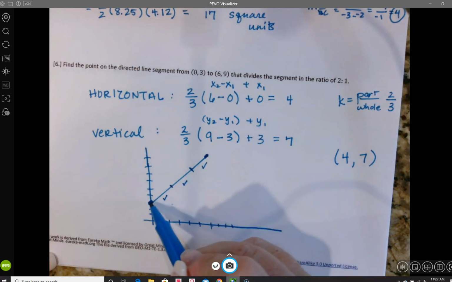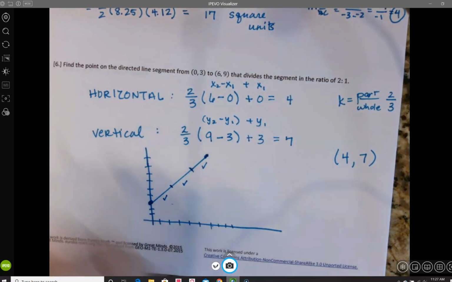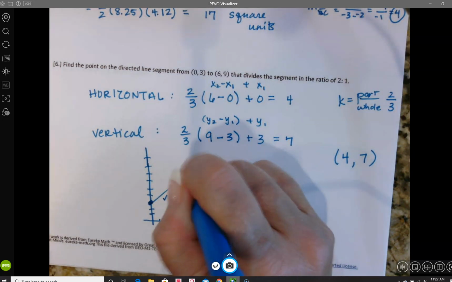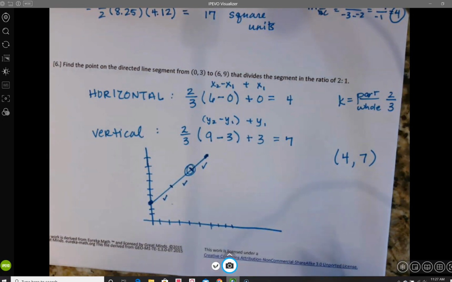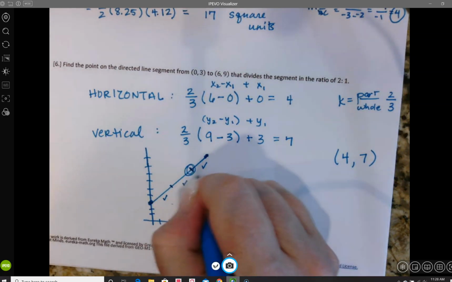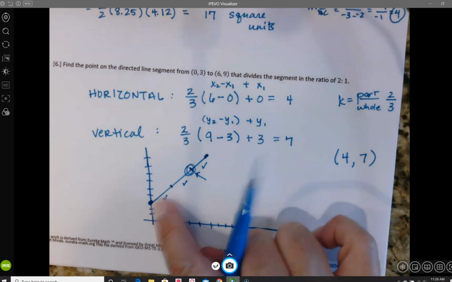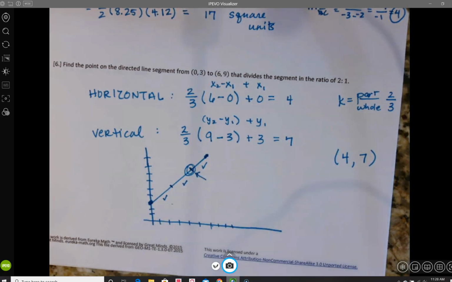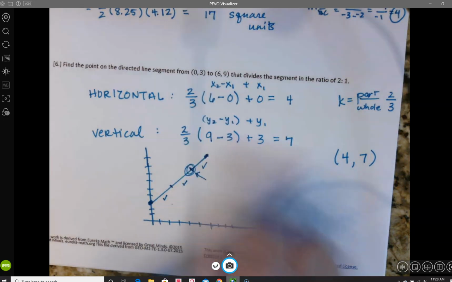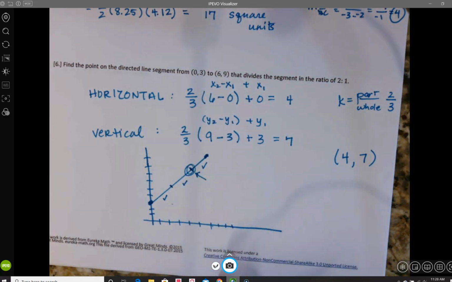So if I want a ratio 2 to 1, I'm looking for the location of this piece right here. So the fact that I got 4, 7, that tells me the location of the dot that's 2/3 of the way on the line. So we just have these formulas here to help us so we don't have to draw a picture every time.